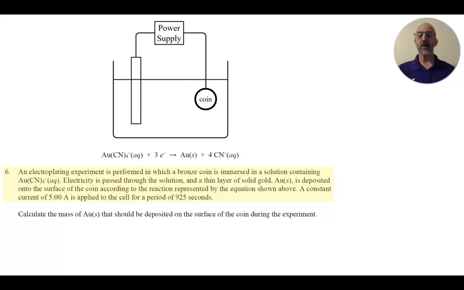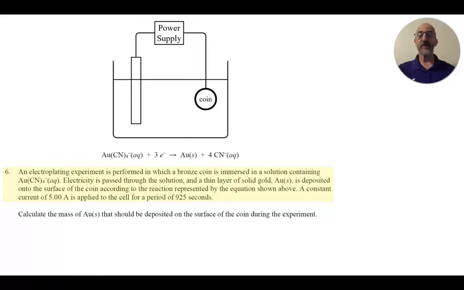Electricity is passed through the solution, and a thin layer of solid gold, and you can see that solid gold appears on the right side of the equation, is deposited onto the surface of the coin according to the reaction represented by the equation shown above. A constant current of 5 amps is applied to the cell for a period of 925 seconds.